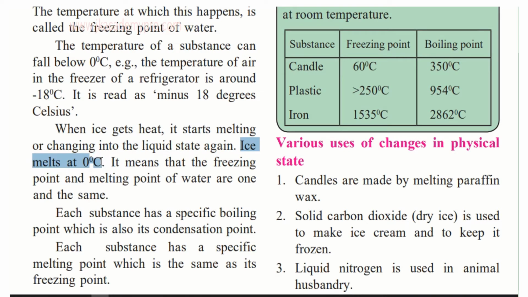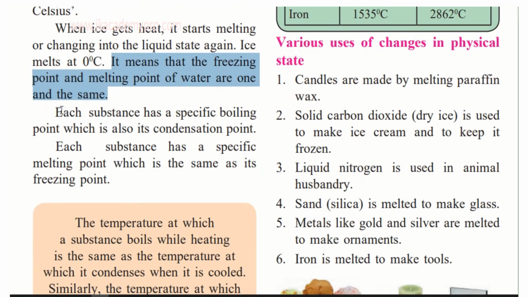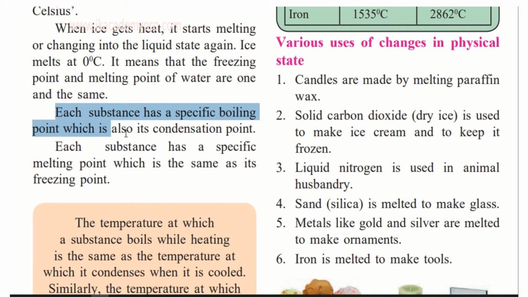So it is still at 0 degrees Celsius, but it has started melting. It means that the freezing point and melting point of water are one and the same, that is 0 degrees Celsius.